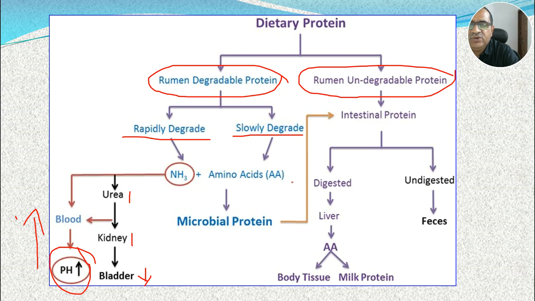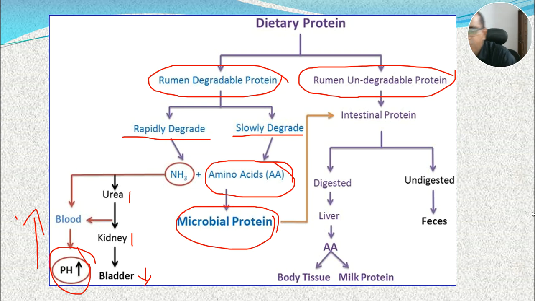The amino acids produced from both slowly degrading and rapidly degrading proteins are substrates for microbial proteins. They become the microbial proteins.